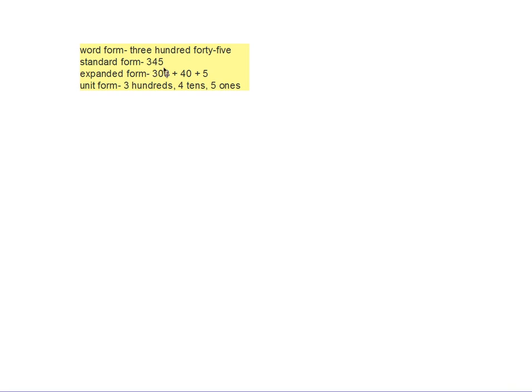Breaking it down in order to be able to do some math work, students are going to use expanded form and or unit form. 300 plus 40 plus 5, or 300s, 4 10s, 5 ones. As the students become better adept at looking at their numbers and understanding the value with them, we'll be able to move forward in addition and subtraction and not just have them memorize tricks or rules. The numbers will make more sense.